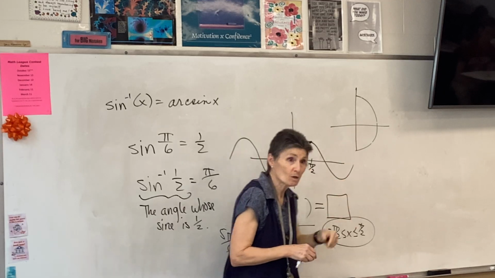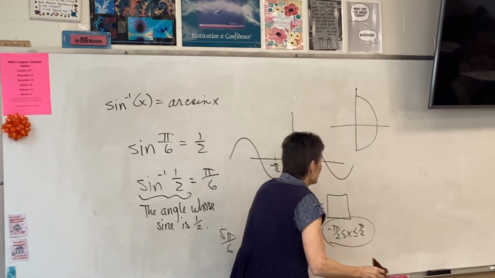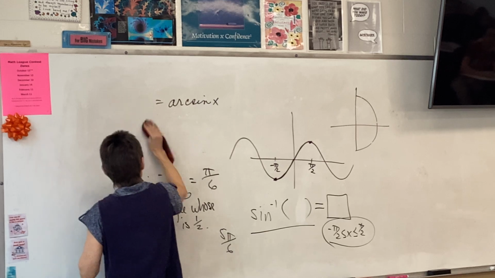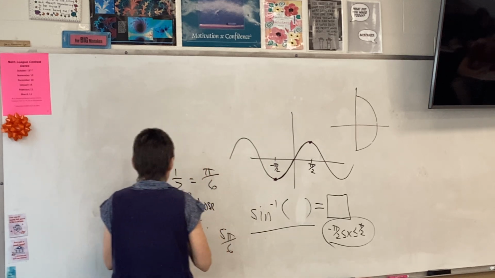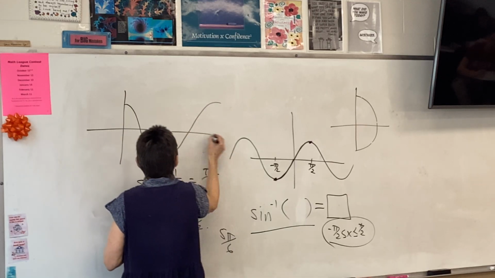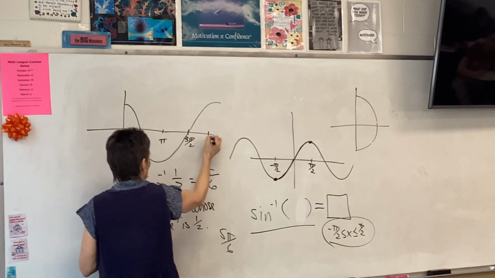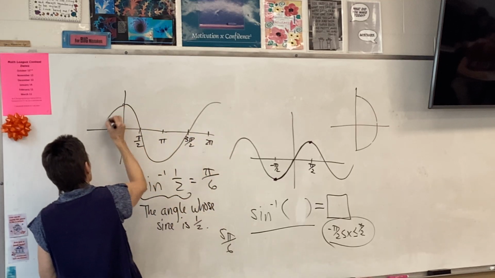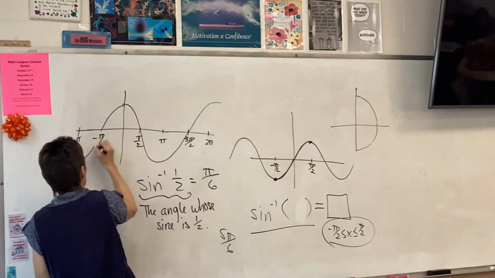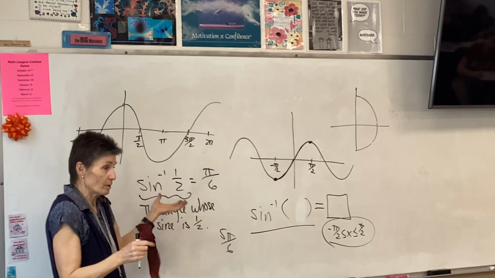Now, what about cosine? Well, you have to do the same thing with cosine, because if you graph a cosine curve, it looks like that, pretty much. I'm gonna stop here, and you know it goes on forever and ever, right? That is not one-to-one, agreed?